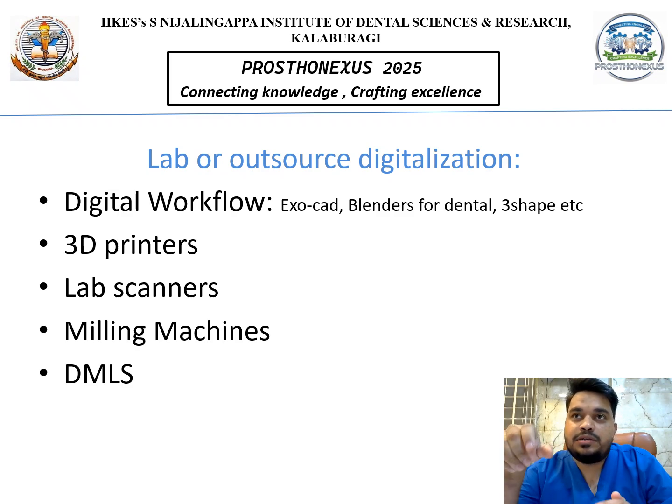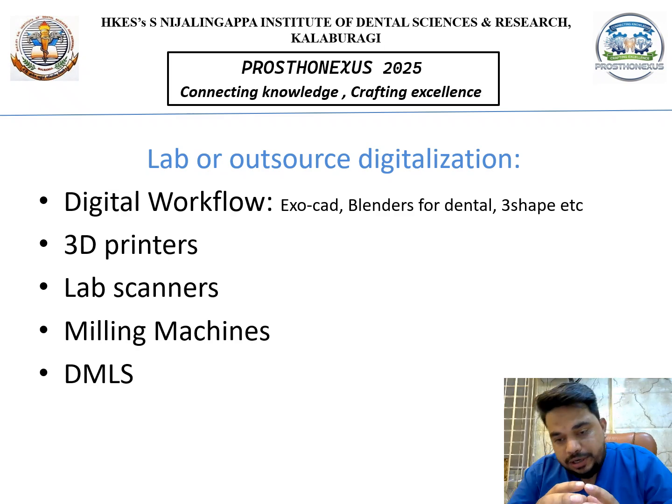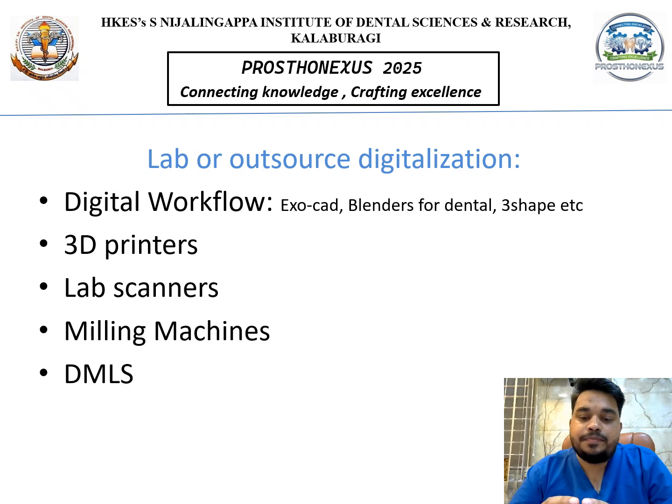The manual things are being done on software, so the accuracy also increases, and the skills of the technician, which were very crucial to design your prosthesis, can be reduced, because these things will all be done by software.